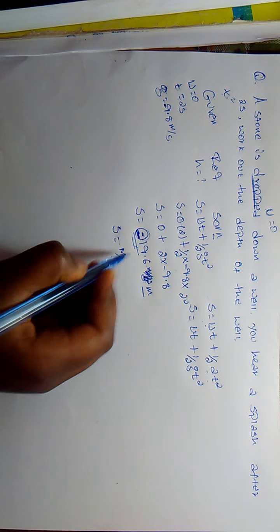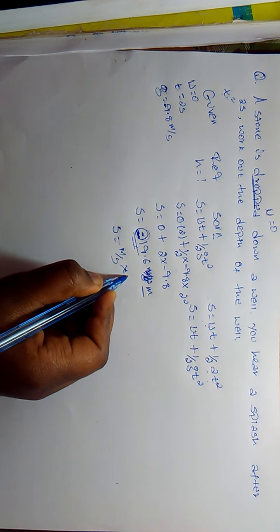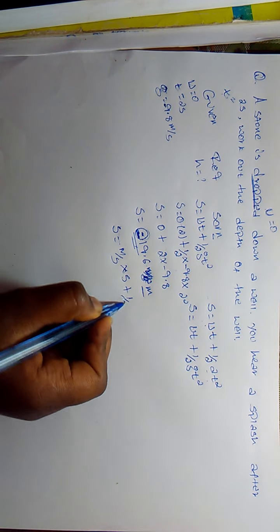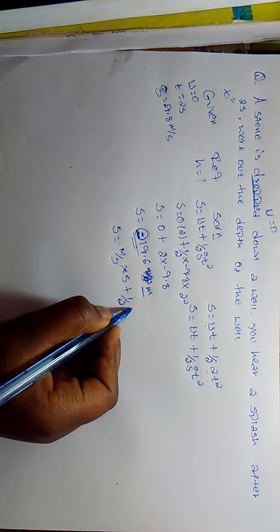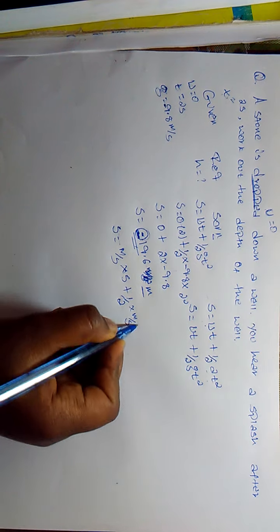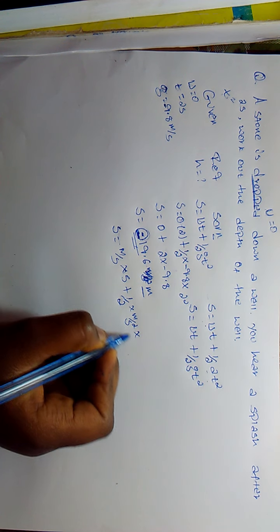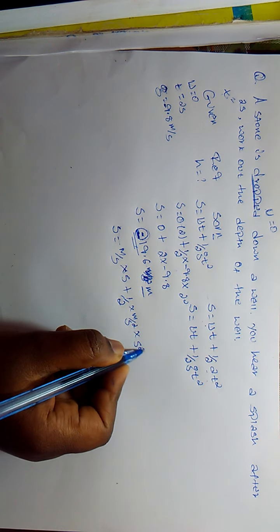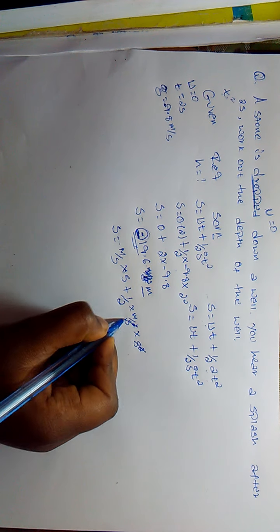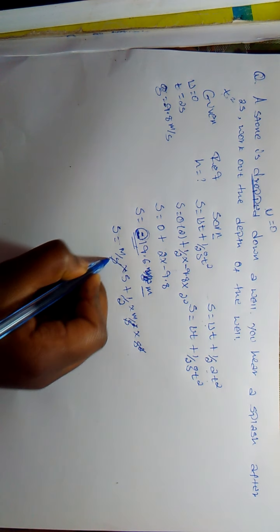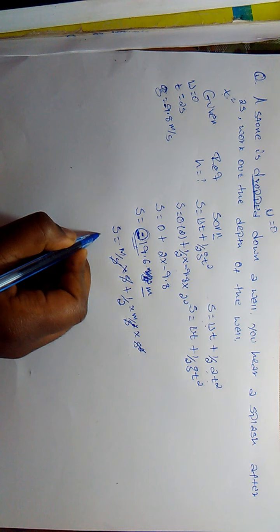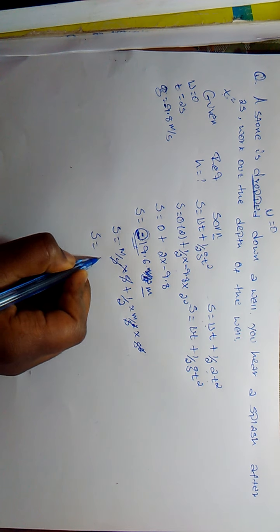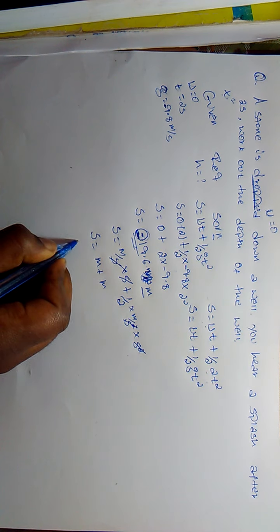Okay, we have u, meters per second. We have time, which is seconds, plus we have 1 over 2, and we have gravity, which is meters per second squared, and we have t squared, which is seconds squared. Okay, seconds squared will cancel seconds squared, and seconds will cancel seconds. So we will have meters plus meters, like 2 meters or something.